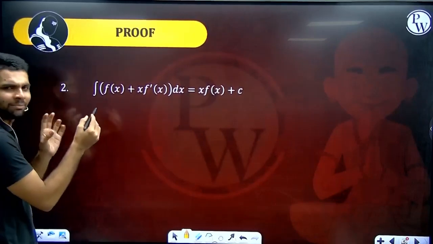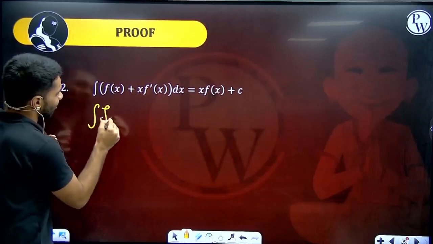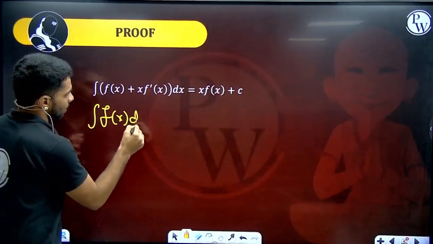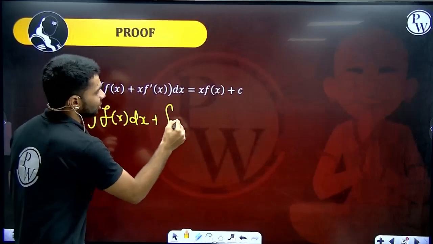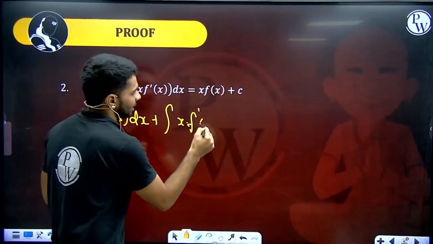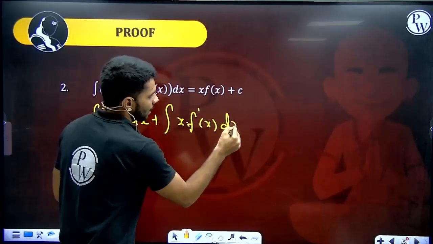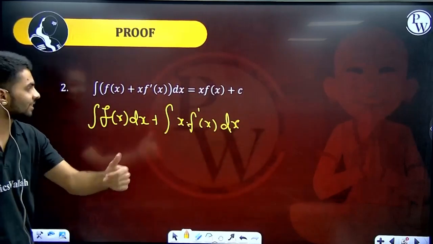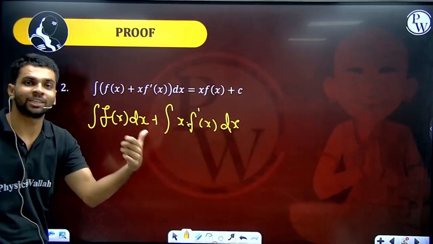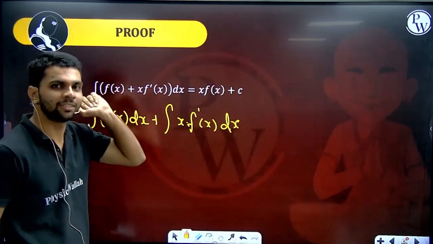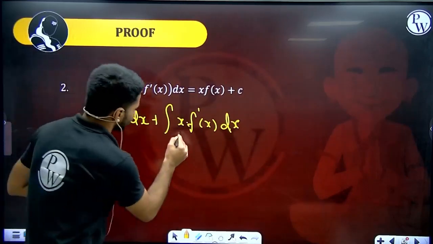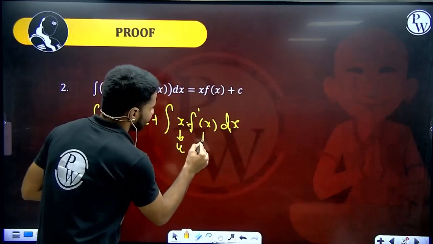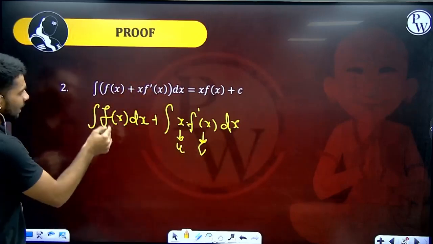Again, we'll do same thing, integration f of x dx plus integration x f dash x dx. Again, integration by parts, we'll choose u and v in such a fashion that v is easier to integrate and u is easier to differentiate. Okay? So this will be u, this will be v. Keep it as it is.